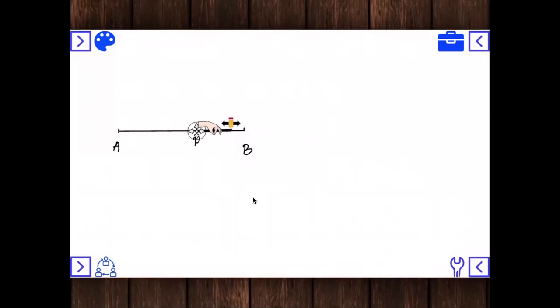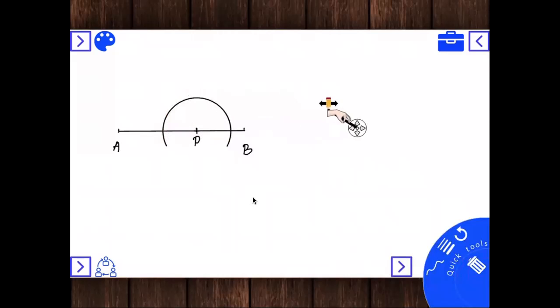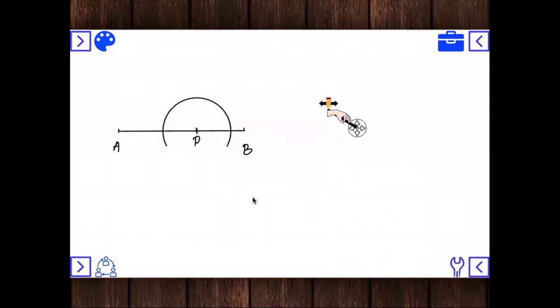Okay, so the first step, we put a compass on point P and we draw an arc that cuts PB and AB. So let's call these 2 points, the intersections, C and D. Let's call it C. Let's call it D. Okay.